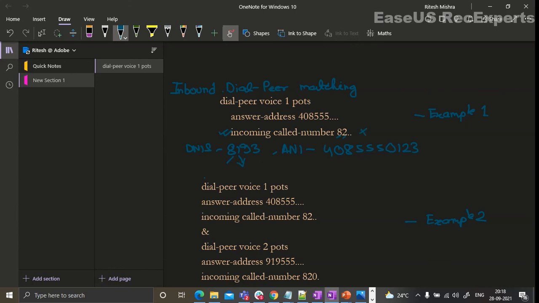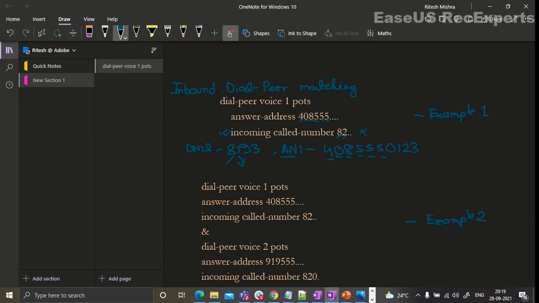Now my router will check whether we have an answer address command matching the pattern of my calling number or ANI. Here we have 4 matching with 4, 0 matching with 0, 8 matching with 8, and three 5s matching with all the 5s. Then we have a period, a dot.